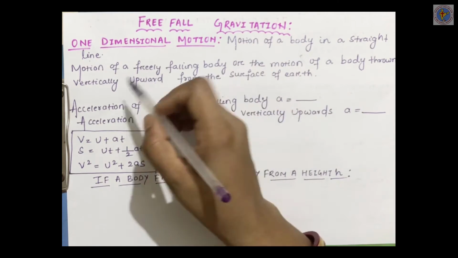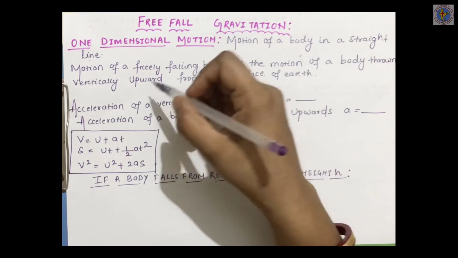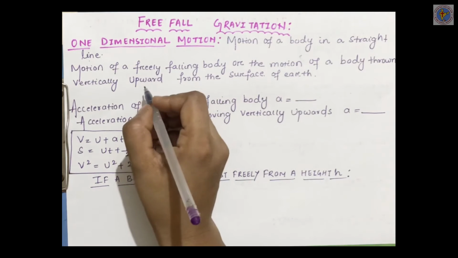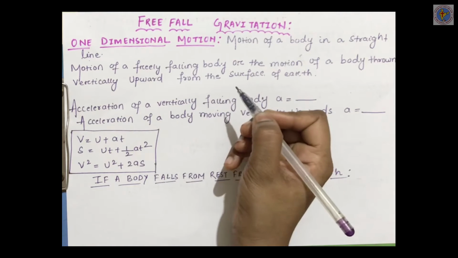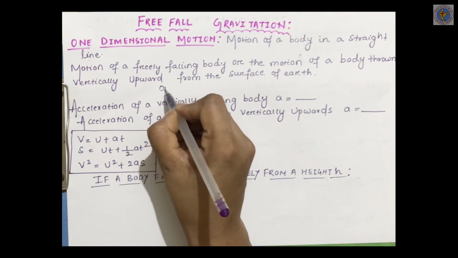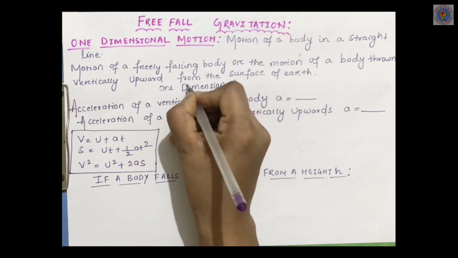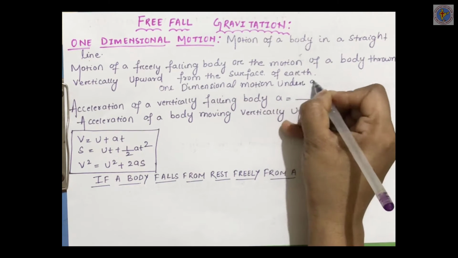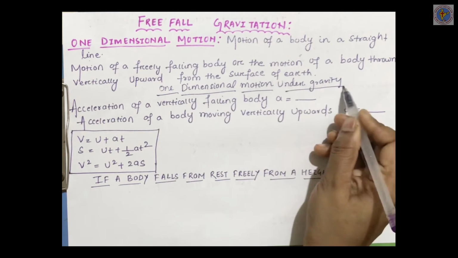The motion where a body is freely falling from a height, or a body is moving vertically in the upward direction, is also called motion in one dimension under gravity.